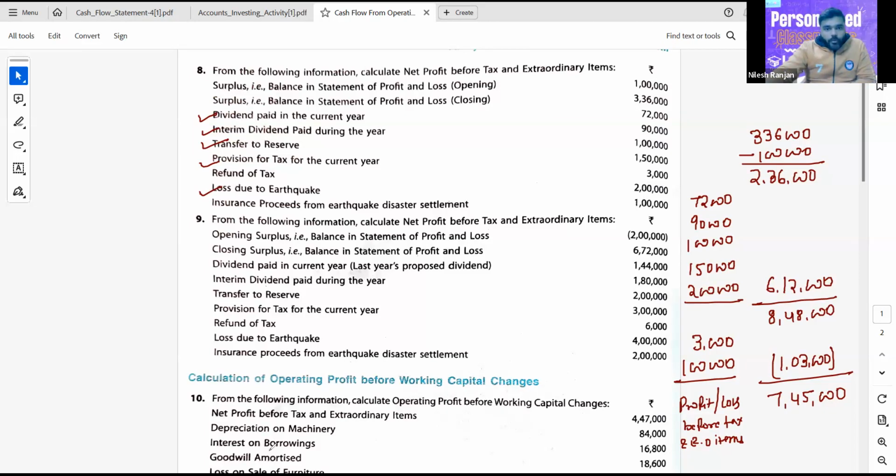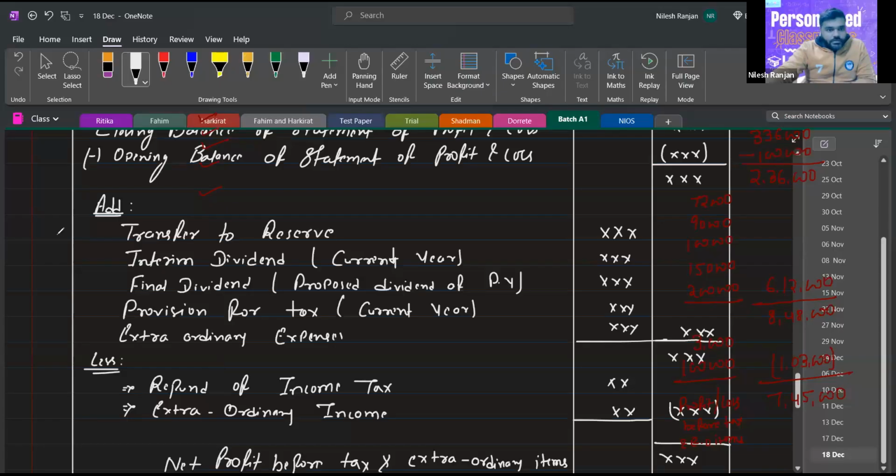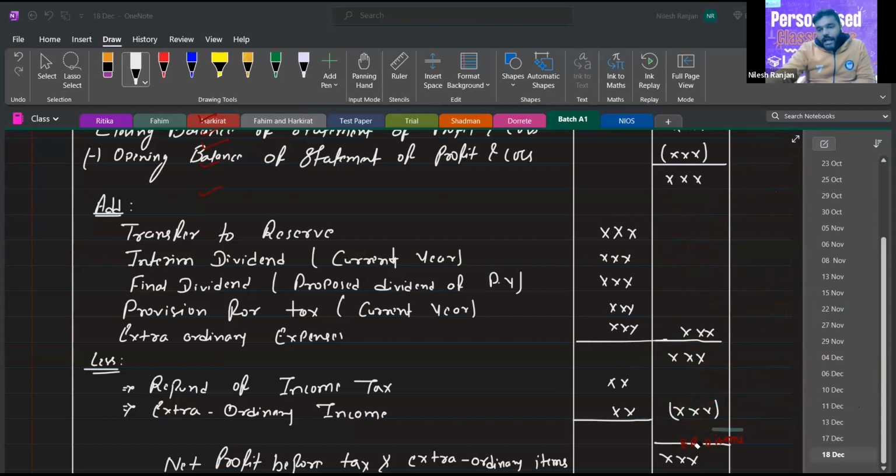Now, in cash flow from operating activities, first of all, from this net profit before tax and extraordinary items, we have to add or deduct any non-cash or non-operating items. Now, what are non-cash and non-operating items? You have to understand that.